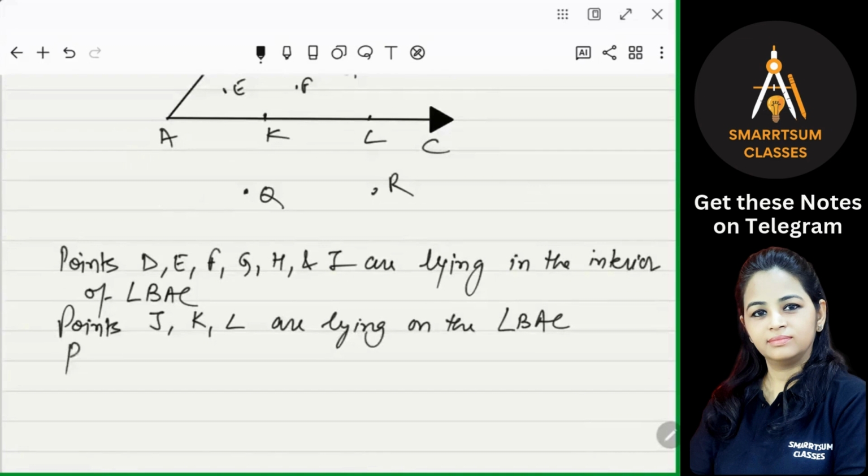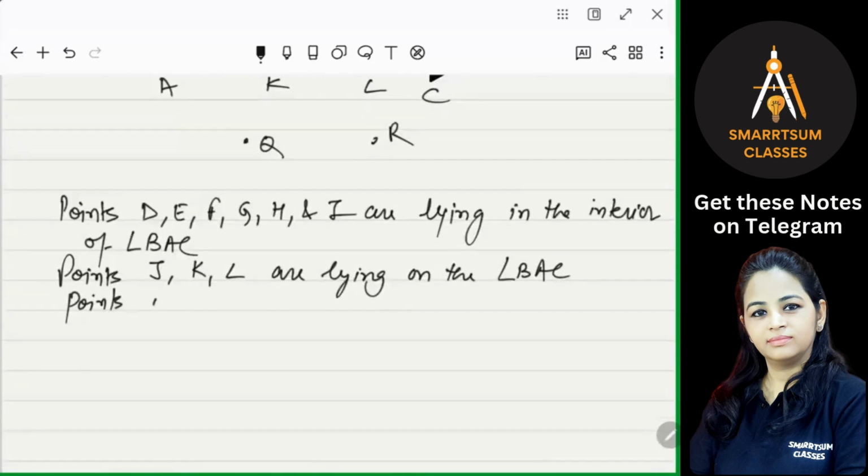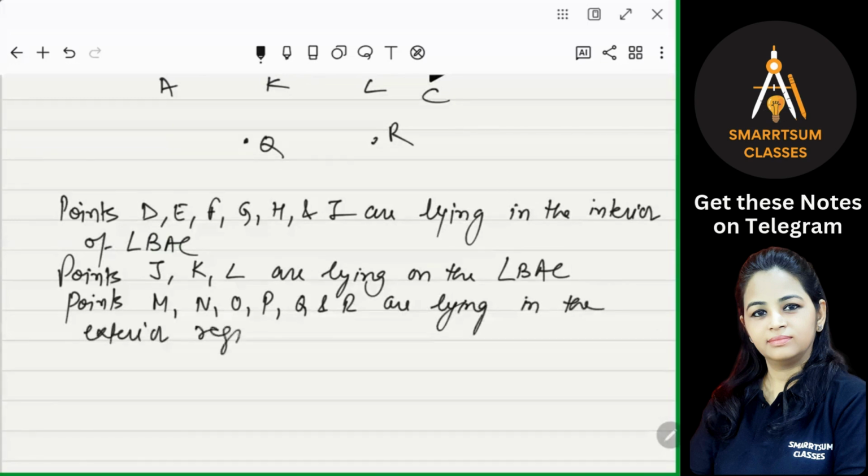And the points M, N, O, P, Q, and R are lying in the outside region, means in the exterior region of the angle. Is that clear? Is it clear or not?